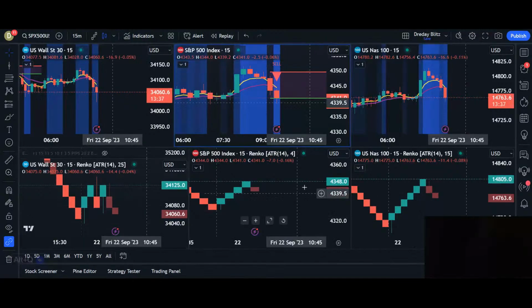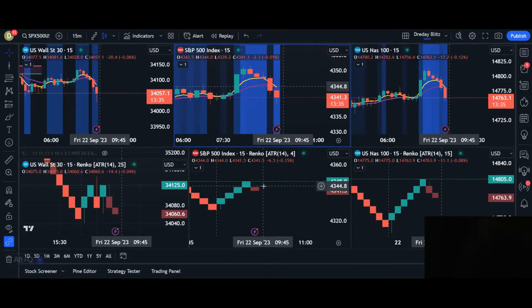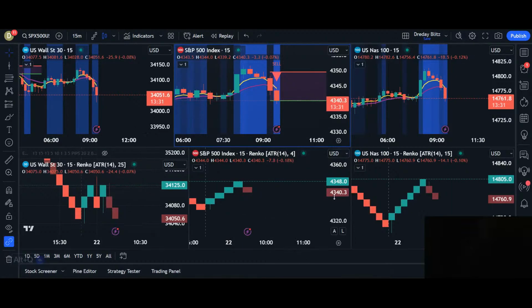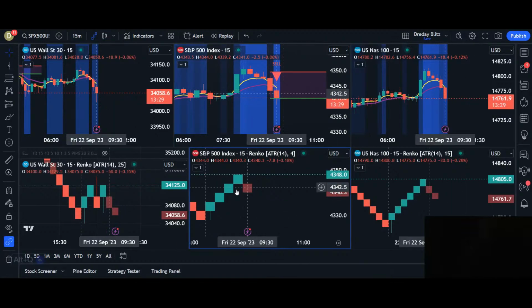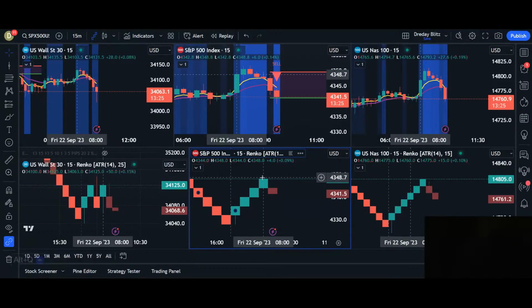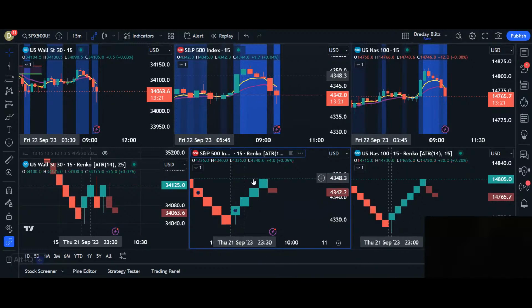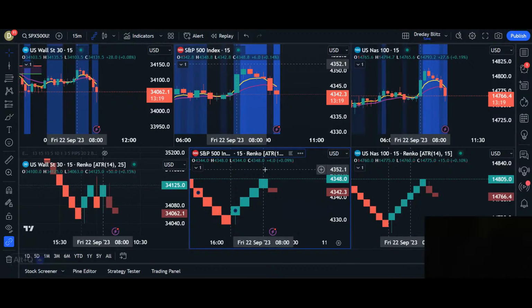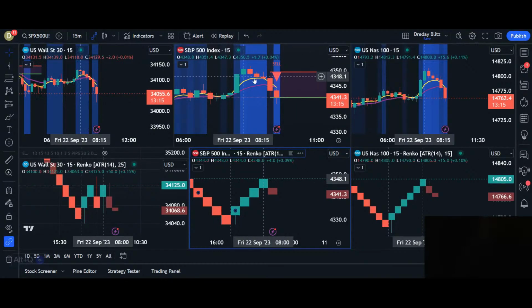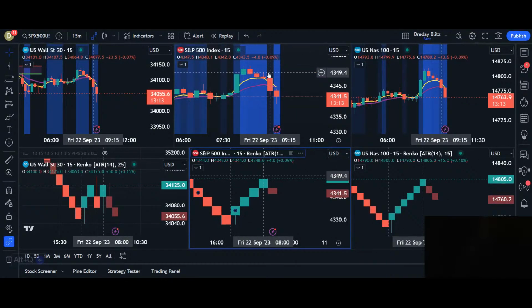Based on the explanation I gave you at the beginning, you would have to put your stop loss at the top of the Renko bar, or at the top of the wick of the previous Renko bar, or at the swing of the move.